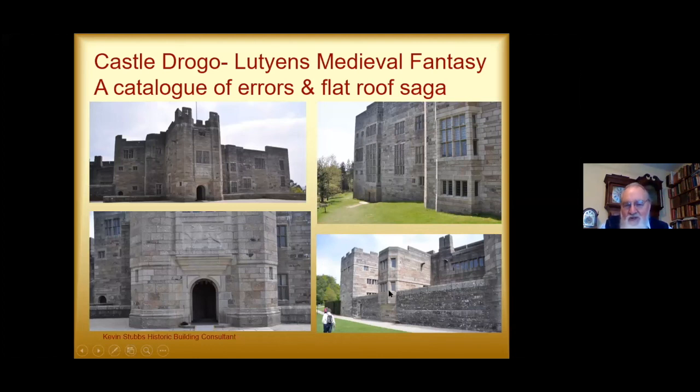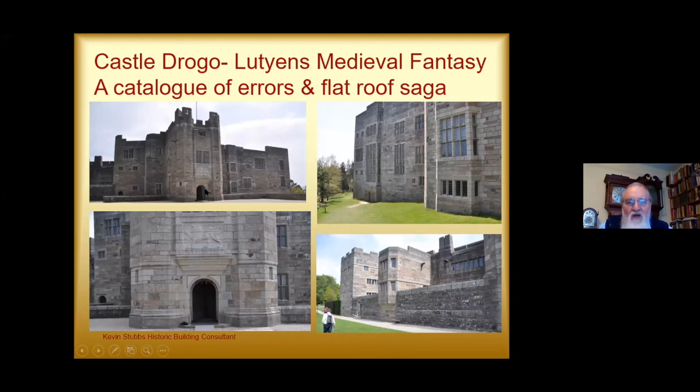Unfortunately, Lutyens was busy at the time out in India, designing buildings for the empire. And most of the design was done on the back of envelopes and menus. And they're still preserved in the archives here. And it was left to the client to look after the day-to-day supervision on site.